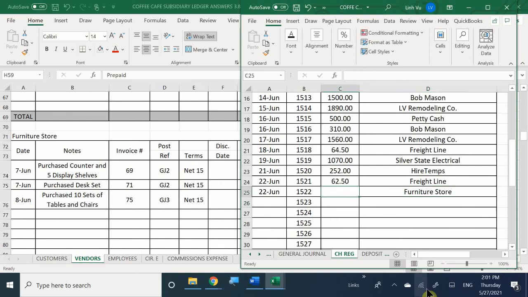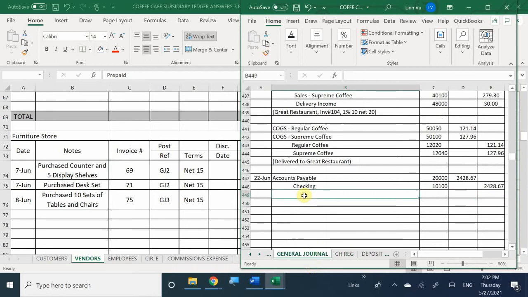For how much? 24, 28, and 67 cents. In the notes, I'll put furniture store check number 1522.